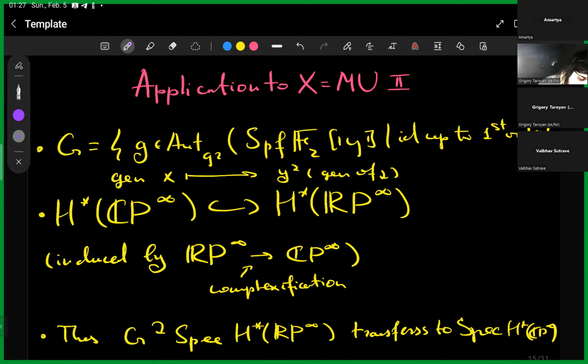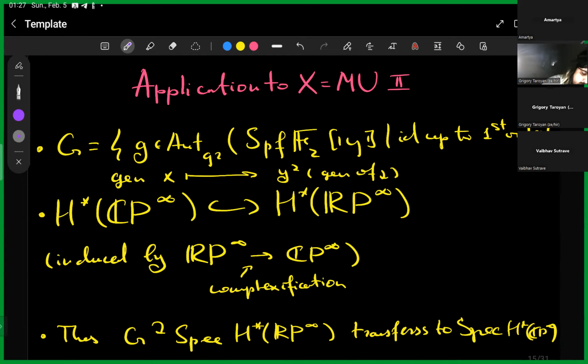And also we have a map between real and complex projective spaces. So the real space is mapped into the complex one via complexification. And on cohomologies, it is easy to see this map is induced by squaring the generator of the cohomology ring of the projective space.